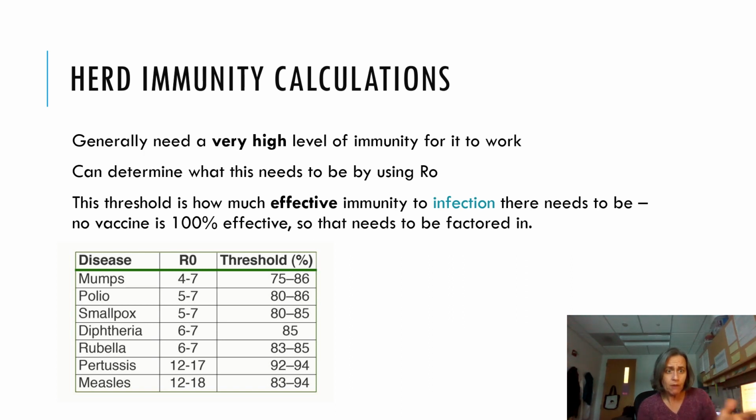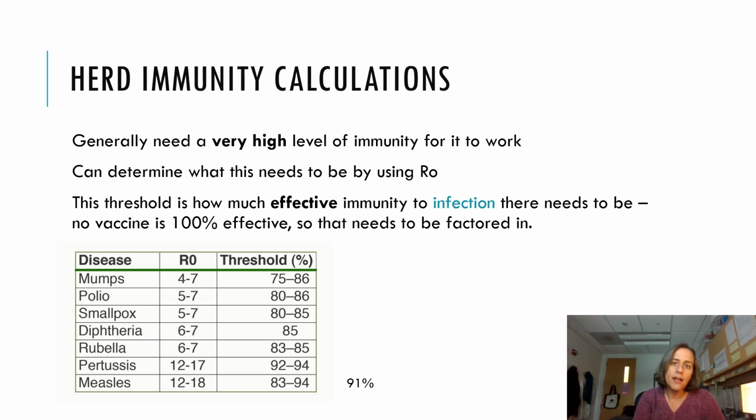Now, for mumps and polio, right, the R0 is around 5, 6, 7. So the threshold to get good herd immunity is 70 to 85%. Pertussis and measles, I'm going to show you, right? So their R0s are really high. Remember I talked about how contagious measles was? So the threshold is somewhere between 83 and 94%.